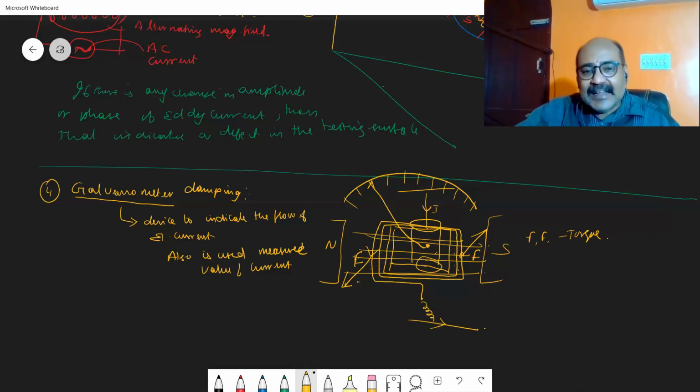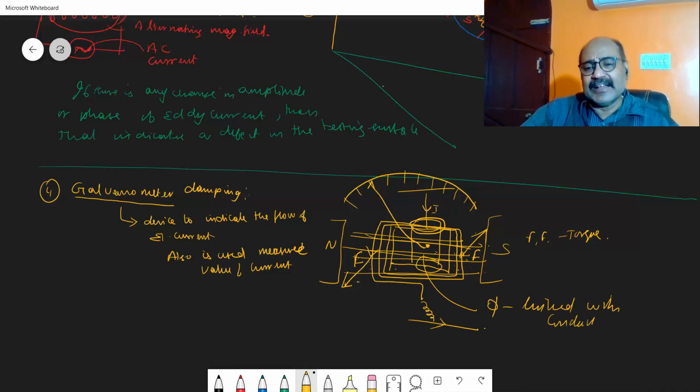At the center you have a circular cylinder, isn't it? When the coil gets rotated, the flux linked with the solid conductor changes, because here you have a magnetic field. When the flux linked with the conductor changes, automatically inside the conductor an EMF or a current gets induced.